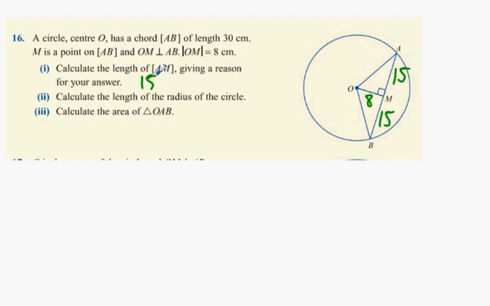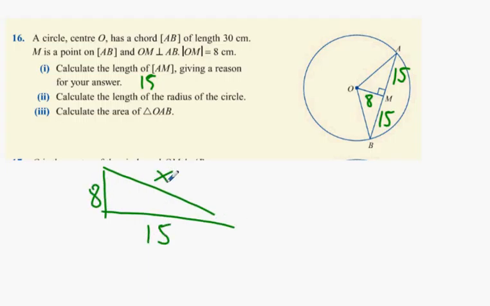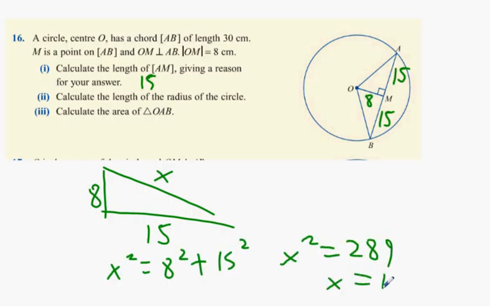How do you calculate the length of the radius now? Any takers, guys? Why don't you try Pythagoras' theorem? Yes. Now, x squared equals 8 squared plus 15 squared. X squared equals 289. X equals 17. Okay, it's of length 17.